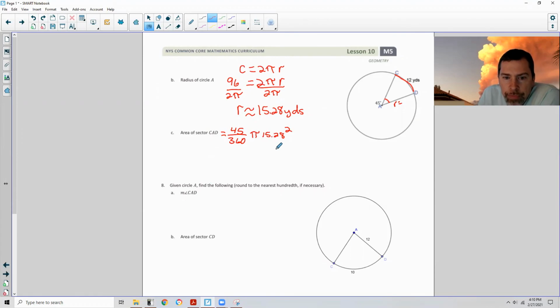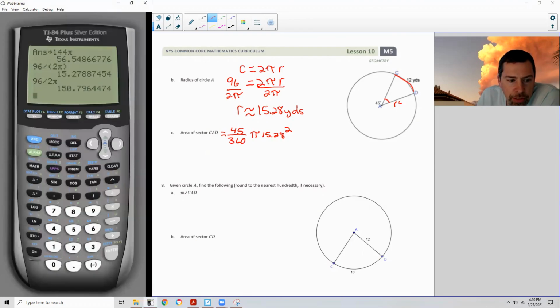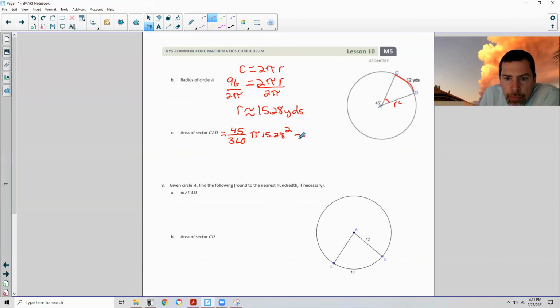So just using the calculator, 45 divided by 360, I get 1/8, times 15.28 squared times pi. I get 91.69. That's an approximation, 91.69 yards.